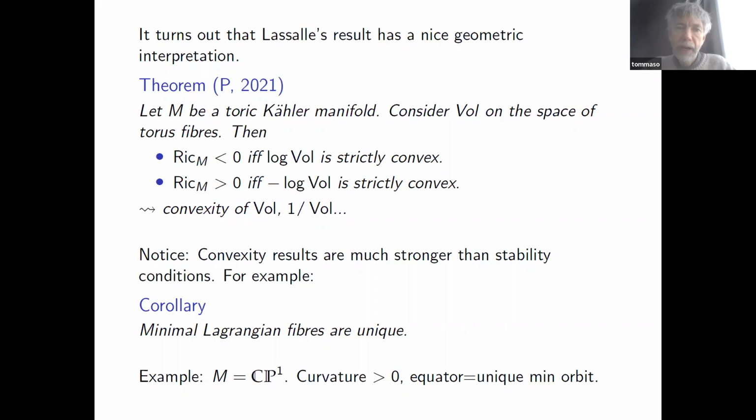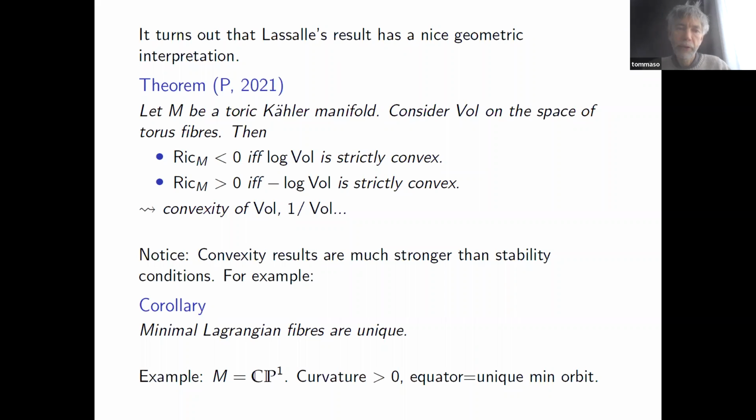We will take a Kähler manifold, which is toric. That means it has a certain group action. And the group will define some fibers. And we will calculate the volume of those fibers. And it turns out that the analytic properties of this volume functional are closely related to the curvature, the geometric curvature of the manifold.